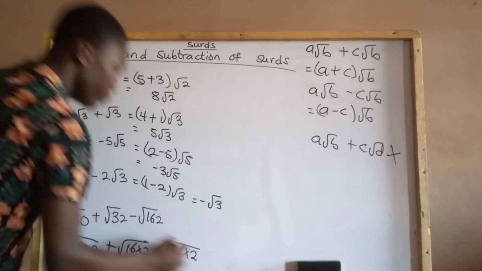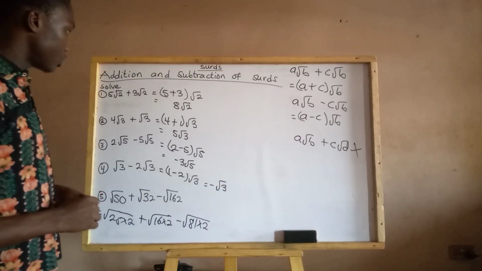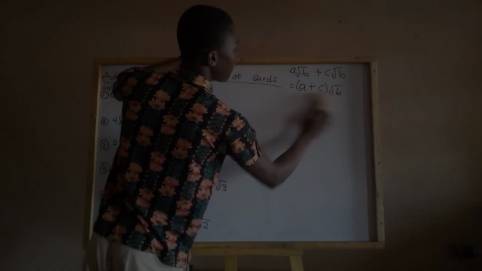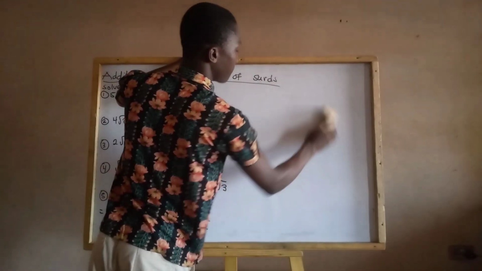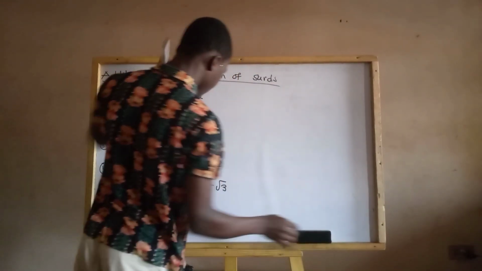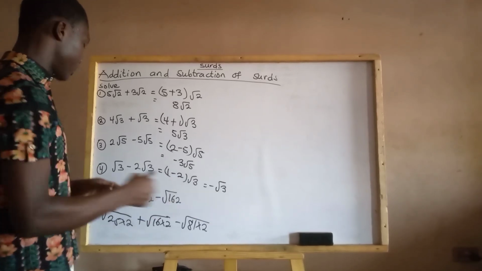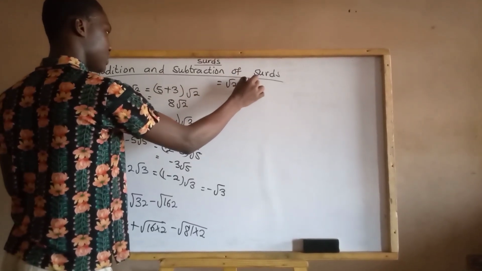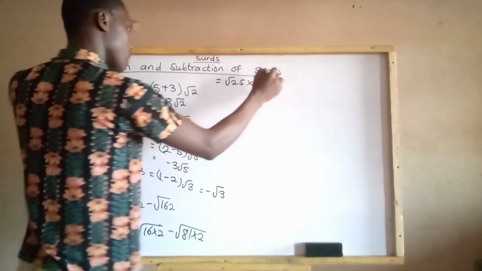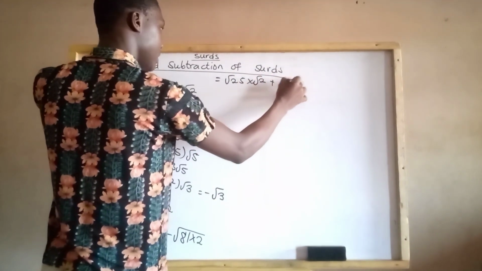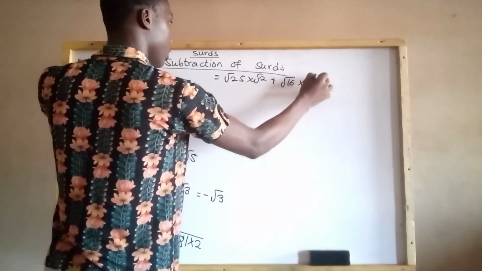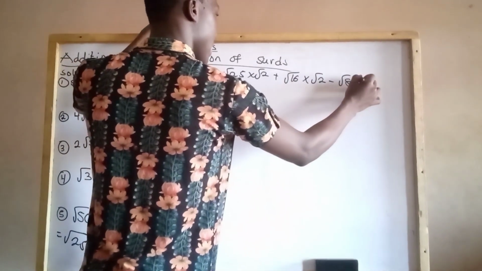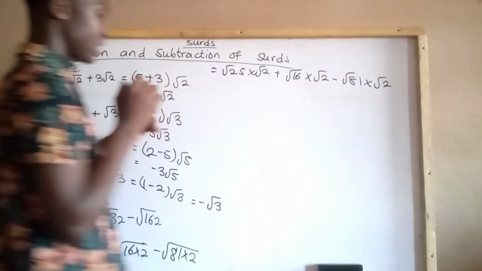So now from here we can separate the roots to get something like this: root of 25 times root of 2 plus root of 16 times root of 2 minus root of 81 times root of 2.